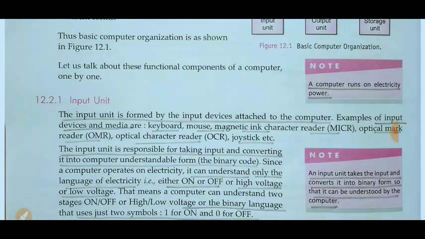On the keyboard there are lots of keys and signs are written, like capital A, capital B, numbers 0, 1, 2, 3, and special characters like question mark, full stop, like this.